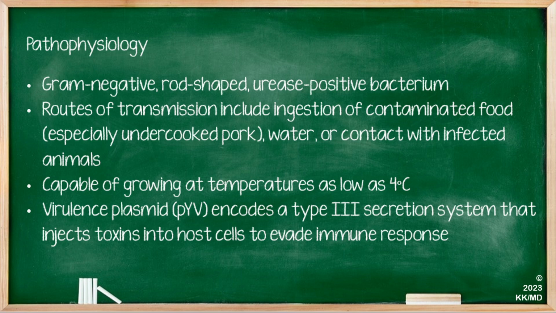The routes of transmission include ingestion of contaminated food, especially undercooked pork, water, or contact with infected animals. It's capable of growing at temperatures as low as 4 degrees Celsius. And the virulence plasmid, or pYV, encodes a type 3 secretion system that injects toxins into the host cells, which will eventually invade the human response.